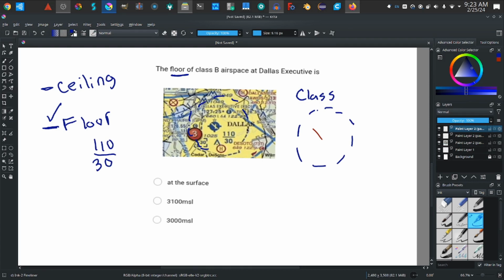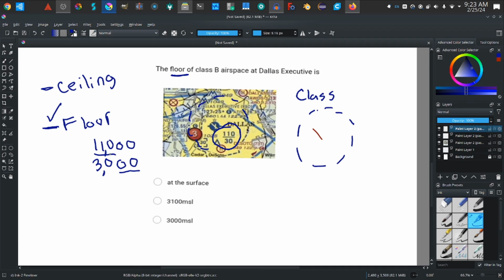So when you see these numbers right here, 110 over 30, what you have to do is tack on 2 zeros. 1, 2. Then I tack on 1, 2. So this is 3,000 feet, and this is 11,000.